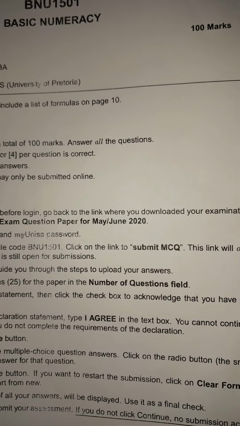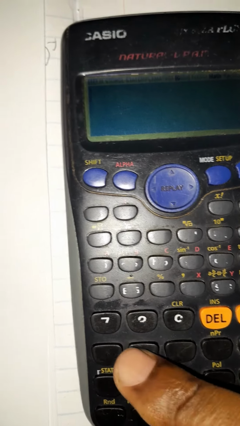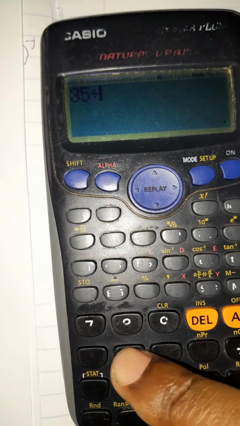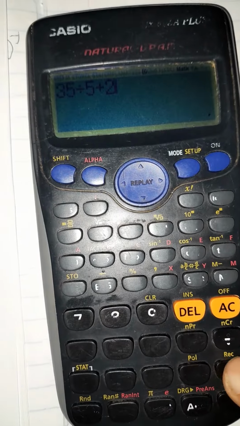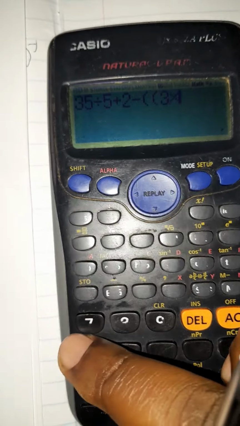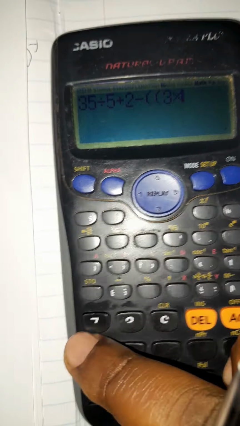Let's punch in 35 divided by 5 plus 2 minus, open the bracket, 18, 3 times 4. You can use your scientific calculator there. What are we getting? 5. Yes, we're getting 5.